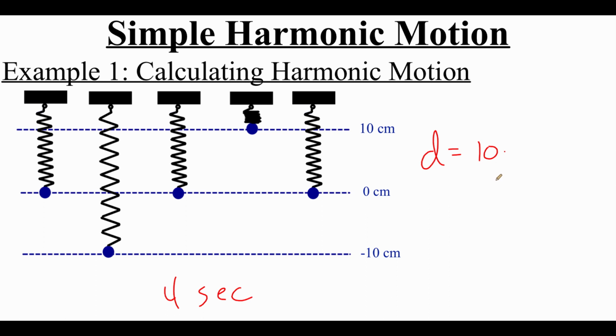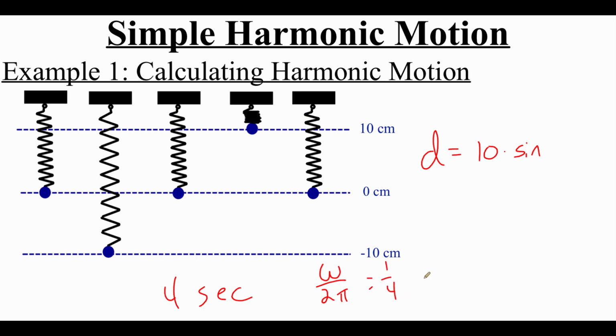Now we need to decide if we're going to use a sine or a cosine. Because we started in the middle at this equilibrium point, I'm going to use a sine equation. As far as finding that omega value, we talked about the frequency as being omega over 2 pi. Because the period is 4 seconds, it takes 4 seconds to complete this cycle, that means the frequency is 1 over 4.